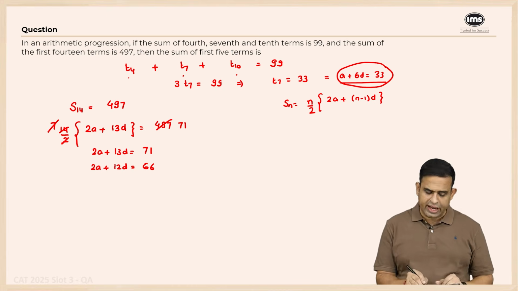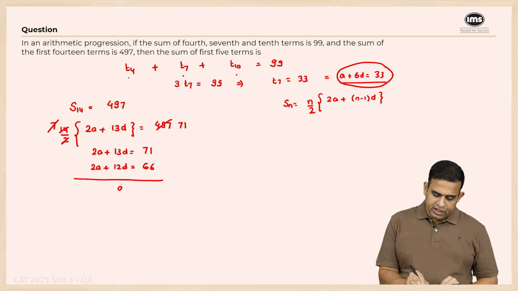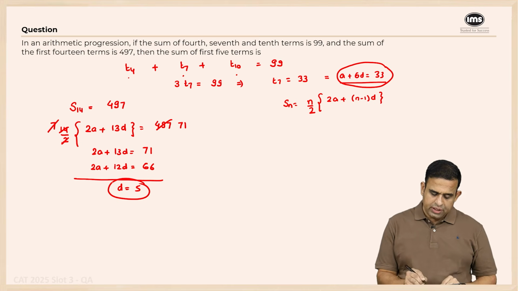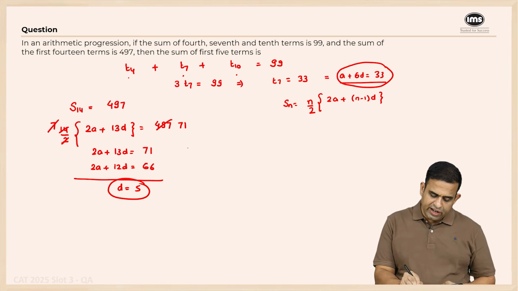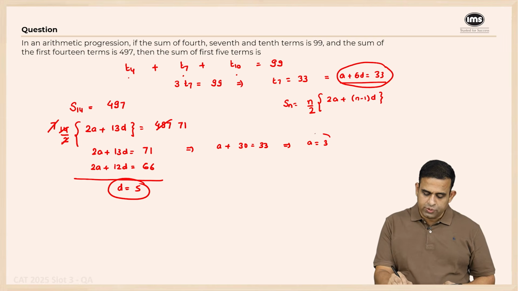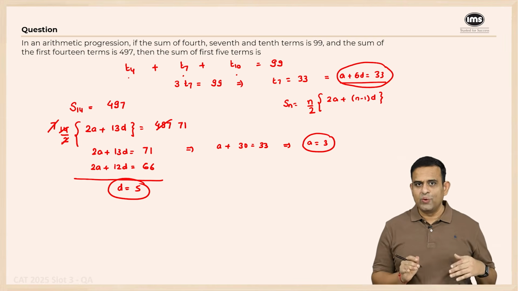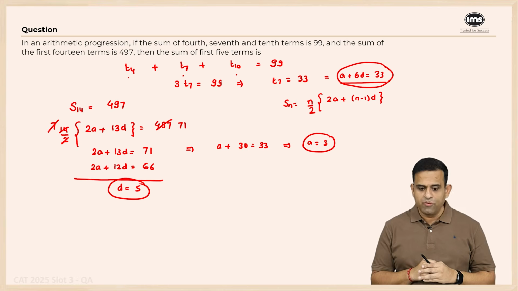Then if I subtract, I find D as 5. Once D is 5, I can easily find A. A plus 6D will become 30, so from this A will become 3. So we are able to find the value of A and the value of D over here.